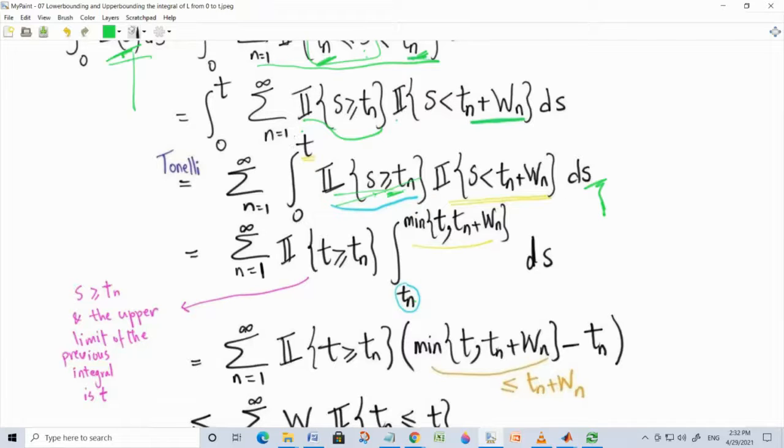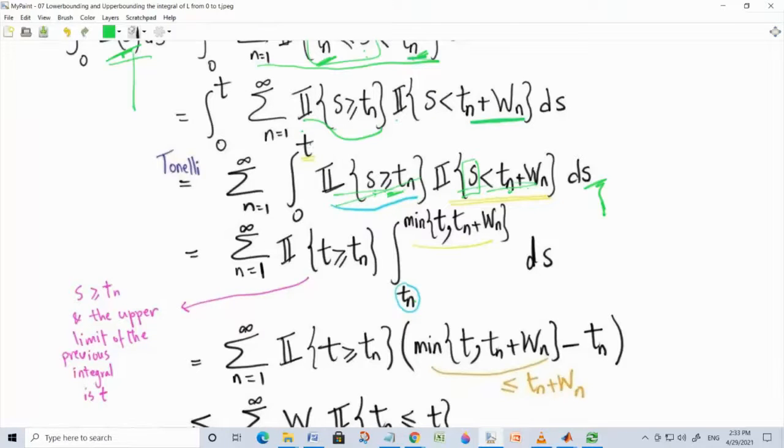The original integration comes with a t, but then we have this inequality in which the variable of integration is upper bounded by Tn, the time of arrival of customer N, plus the time spent by customer N in the system. So S is also upper bounded by this, and so your integral should go up to the minimum of these two. And note that S should be greater than Tn.